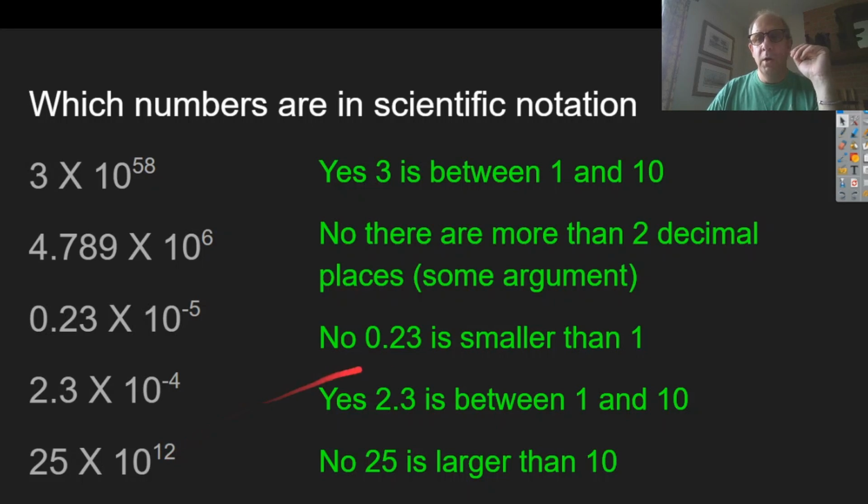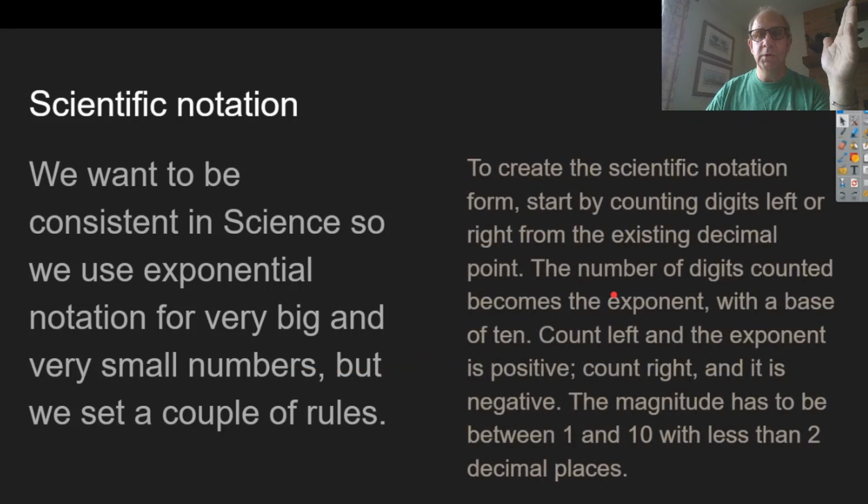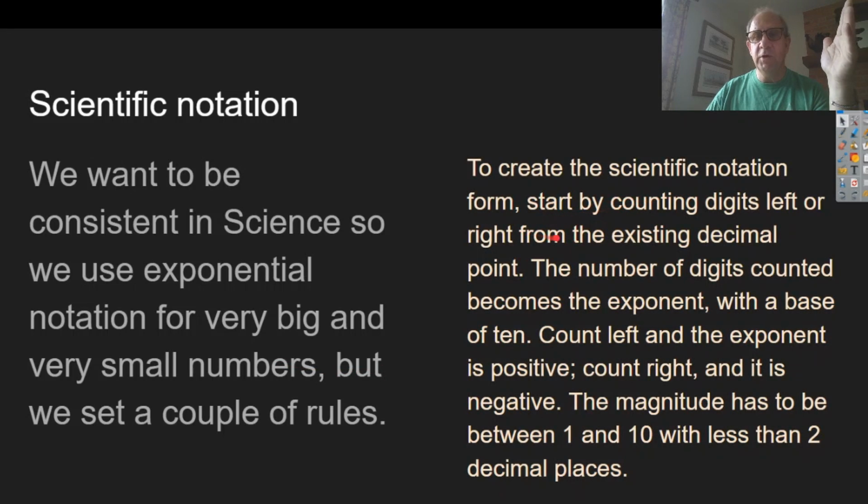Okay? All right. So now we know how to get numbers in scientific notation and what scientific notation is. So to be consistent, we use exponential notation for very big and very small numbers. We use scientific notation actually, and there's a couple of rules. To create scientific notation, count the digits left or right from the existing decimal point.